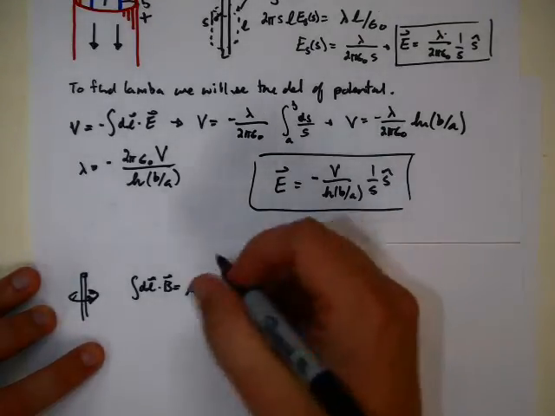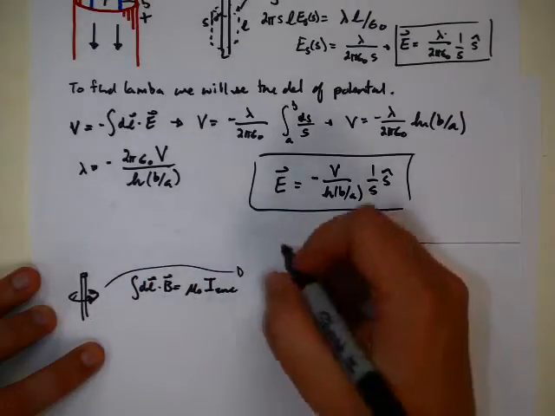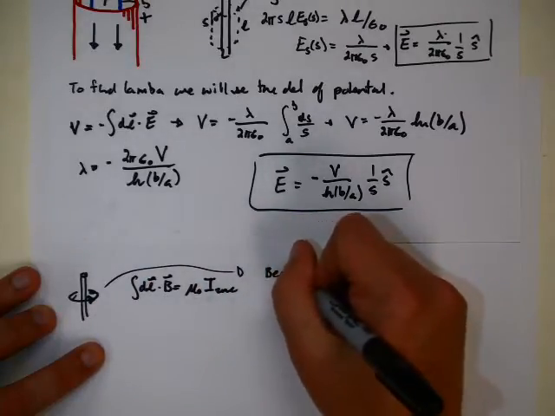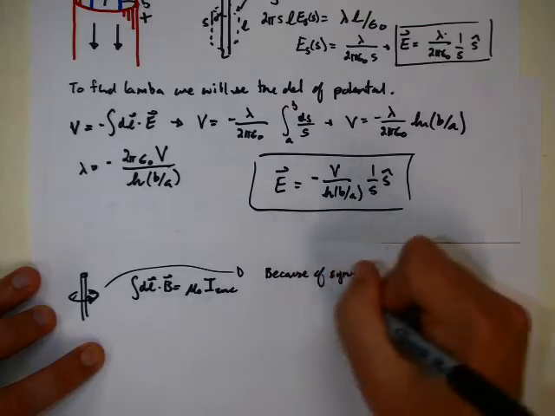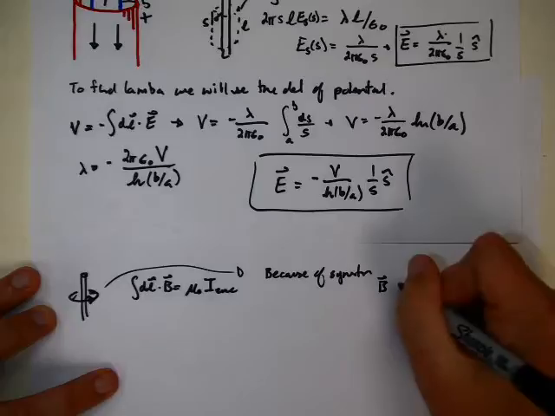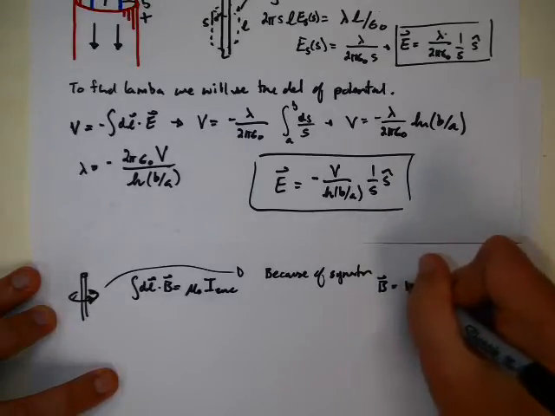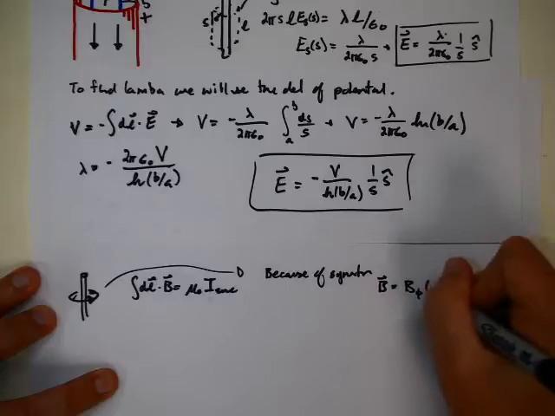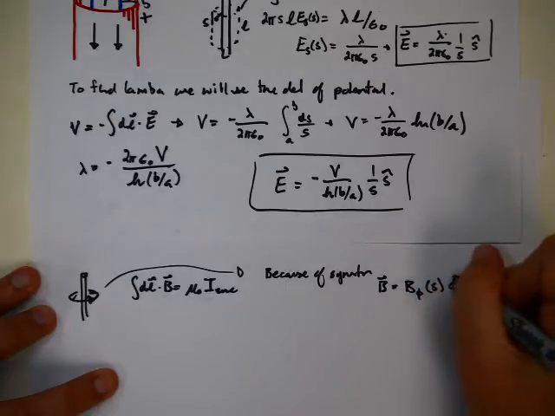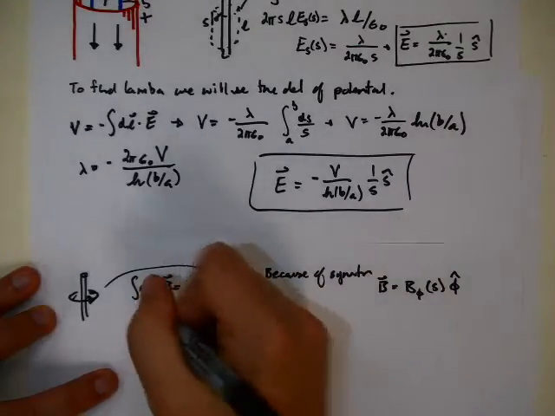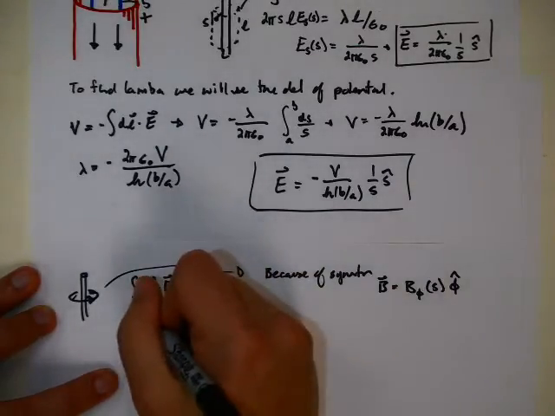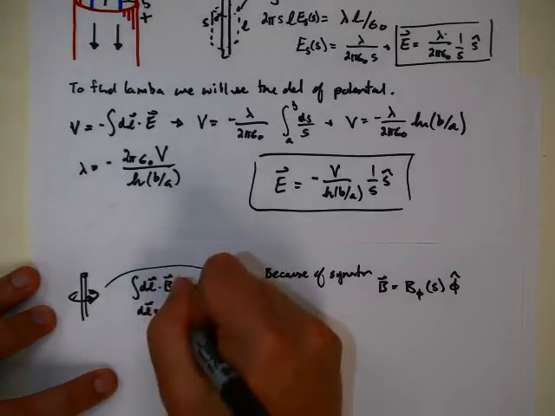And then because of symmetry, we are going to say that the B field is going to point only in the phi direction as a function of s. And the dl for s is going to be s d phi.